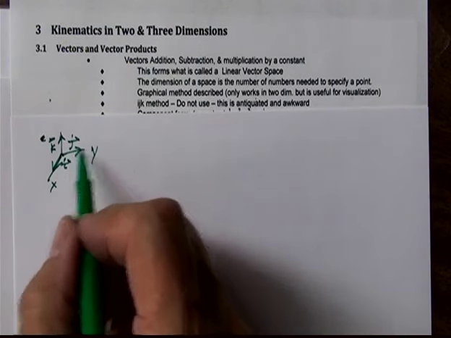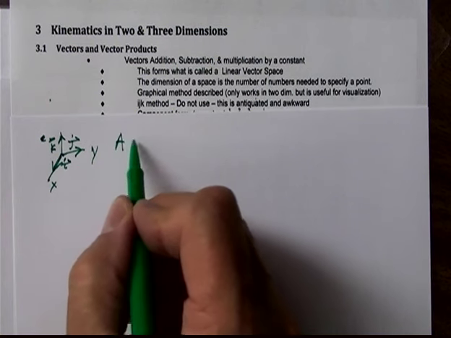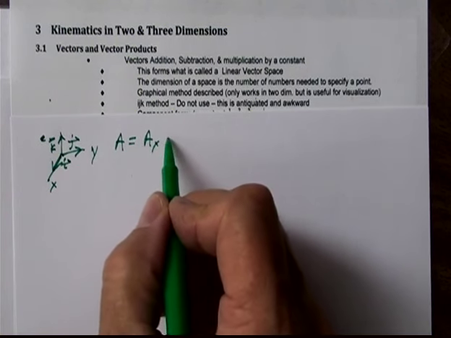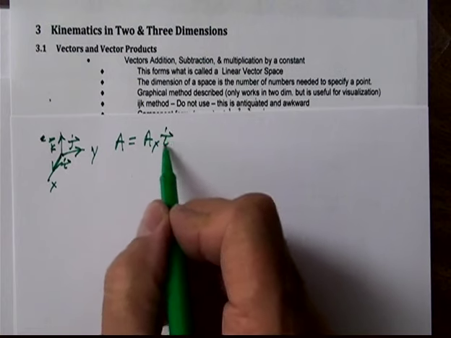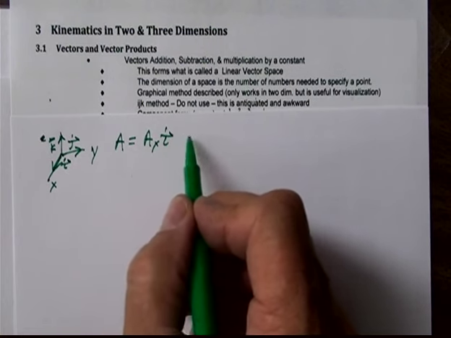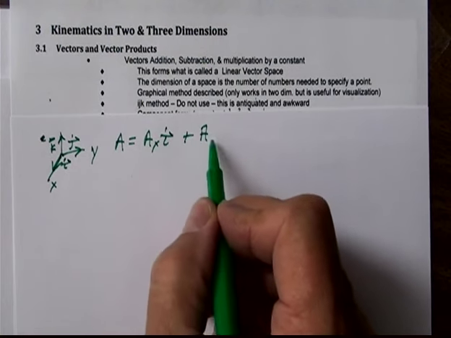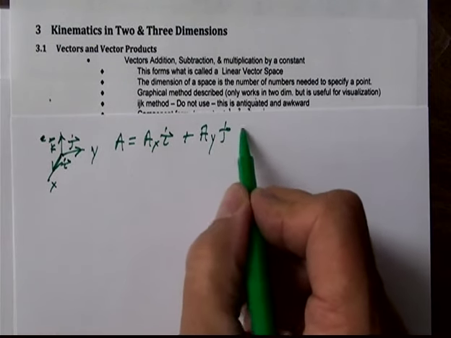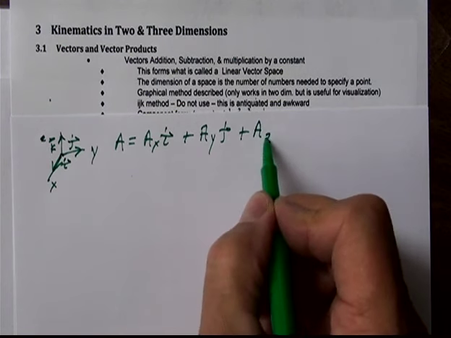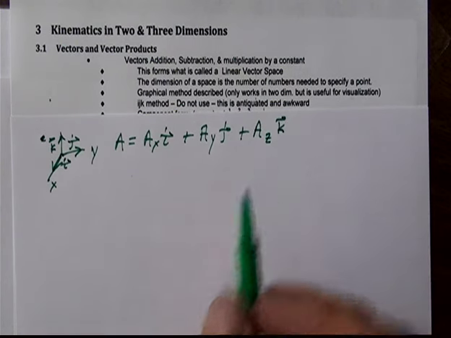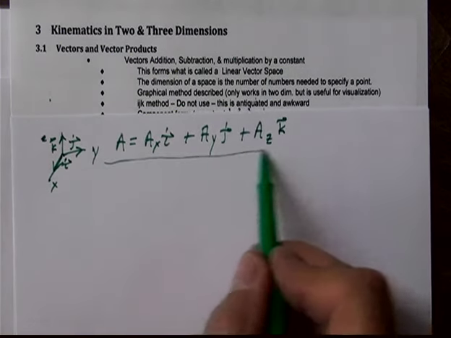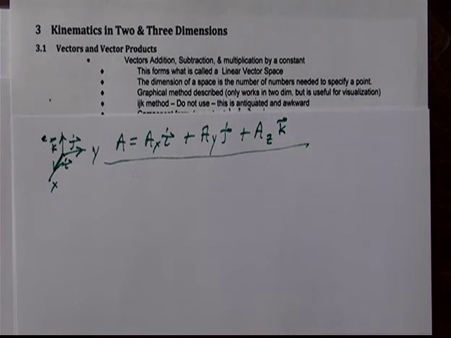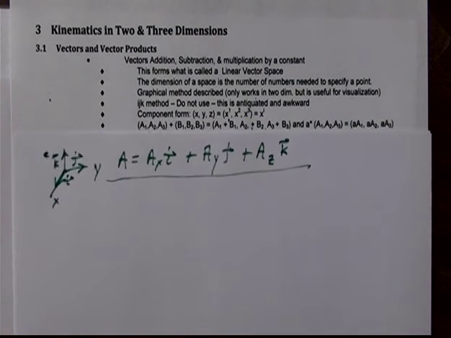And therefore, you could write any vector, such as a, by writing ax times the unit vector in the x direction, plus another vector ay, the projection in the y direction, times j, plus another vector in the z direction, times the unit vector k. But this is an antiquated method, and it's very difficult to deal with, and it complicates the notation tremendously. So we're not going to use that.